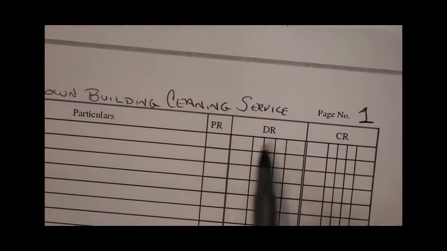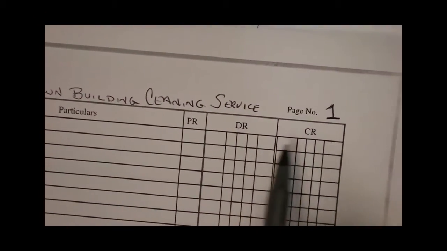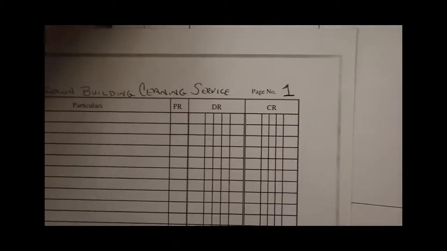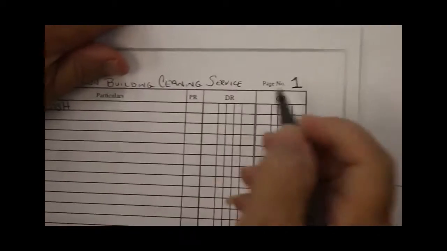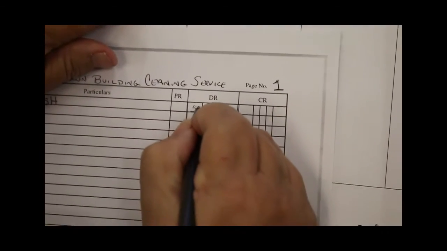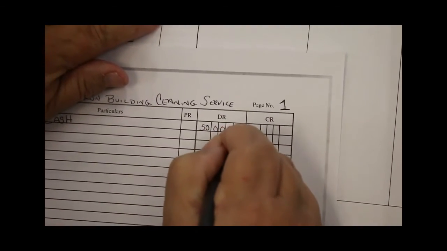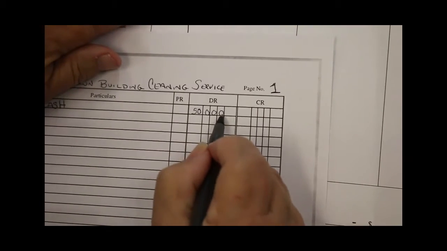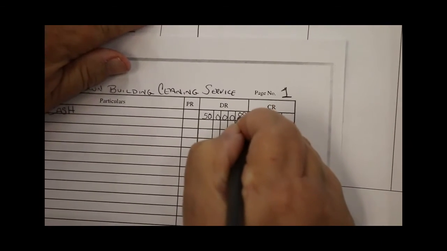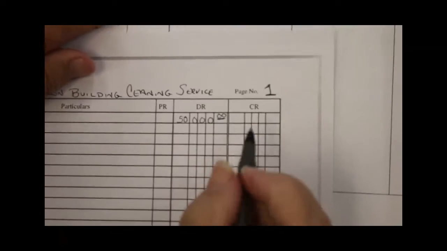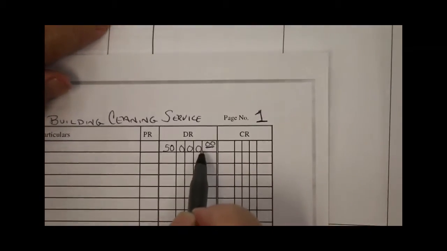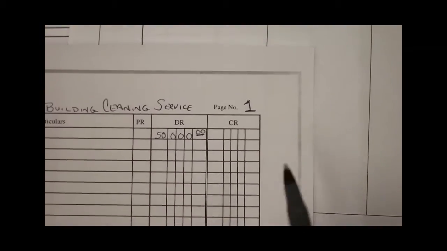So we're going to debit or credit. If you said debit, you said it correct. We're going to put $50,000 into the debit amount. 50,000, and then again, don't forget your cents, because we might be dealing with pennies too. 50,000 under debit. Okay.